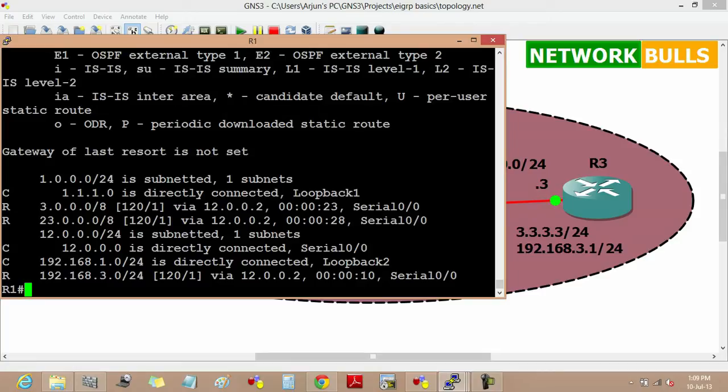The reason behind this is that RIP version 1 only supports classful routing. It means it doesn't carry any subnet information with its updates. So that's why this loopback of router 3 is learned in the routing table of router 1 as /8.